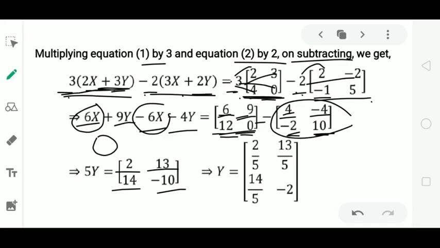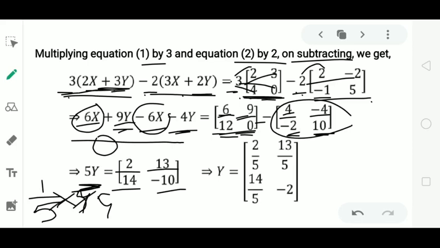Adding a 0 matrix to any other matrix will result in that other matrix. Therefore, 9y minus 4y will be 5y. LHS will become 5y. Now to find the matrix y, we multiply 1 by 5 on both sides. 1 by 5 into 5y. Here 5 gets cancelled. In LHS we are left with matrix y.